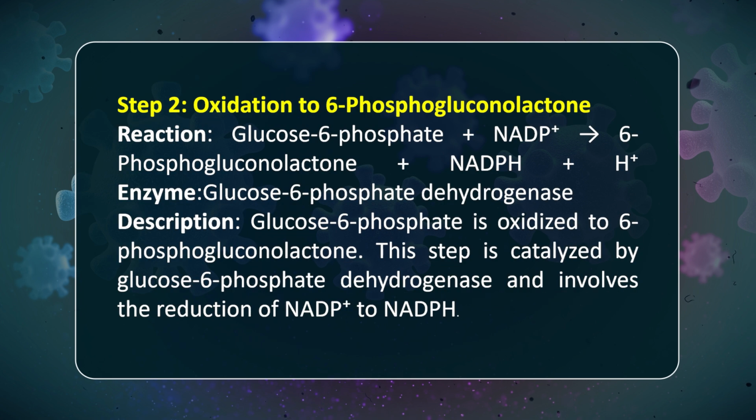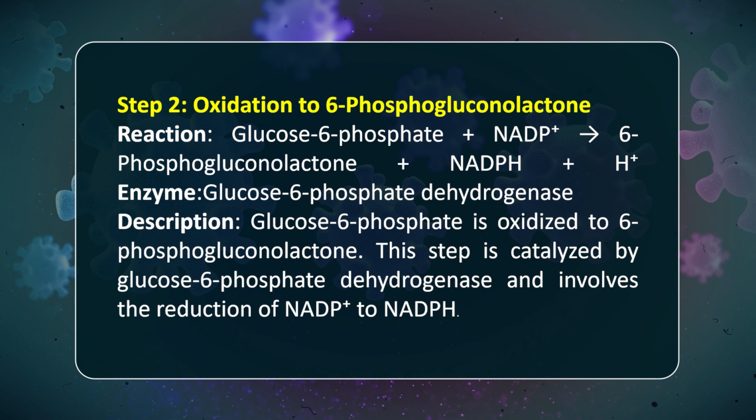Step number 2, oxidation to 6-phosphogluconolactone. The reaction is that glucose 6-phosphate plus NADP+ gives rise to 6-phosphogluconolactone plus NADPH plus H+.